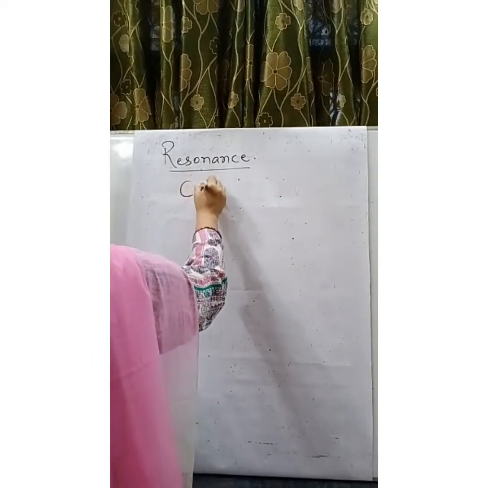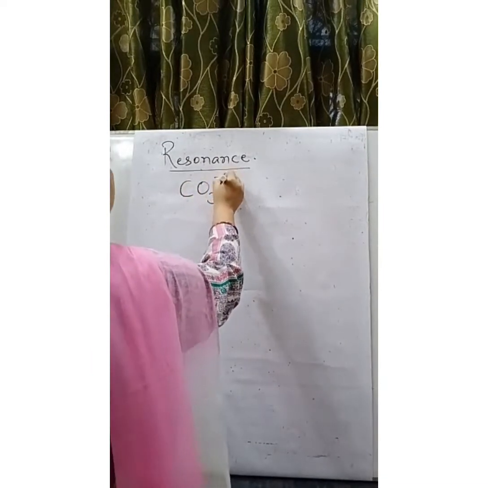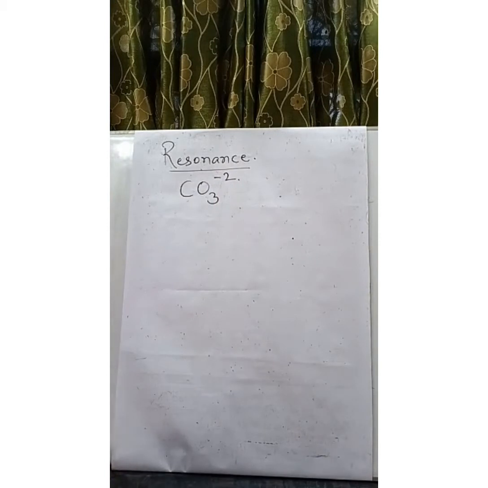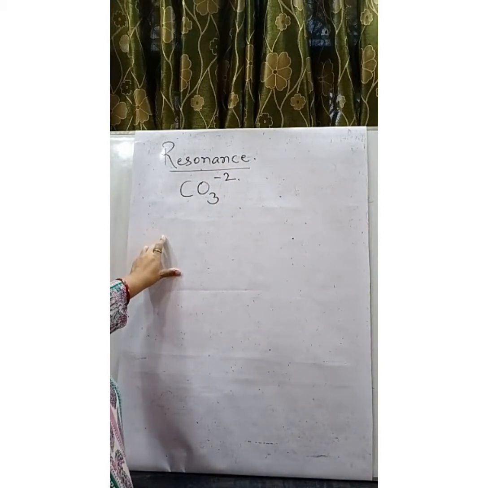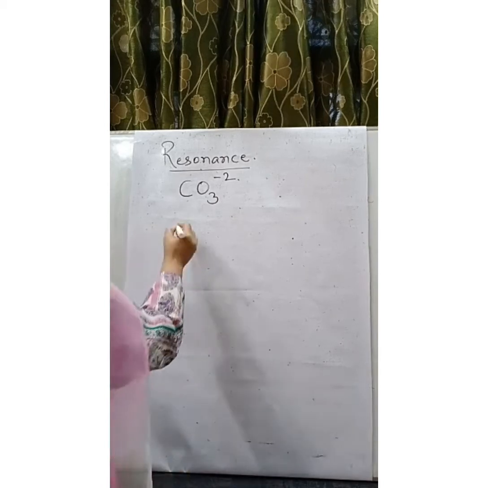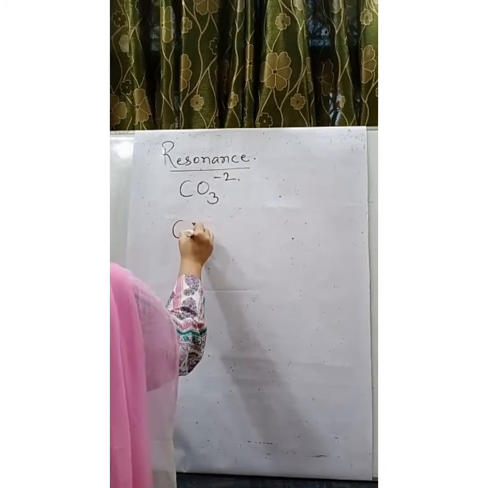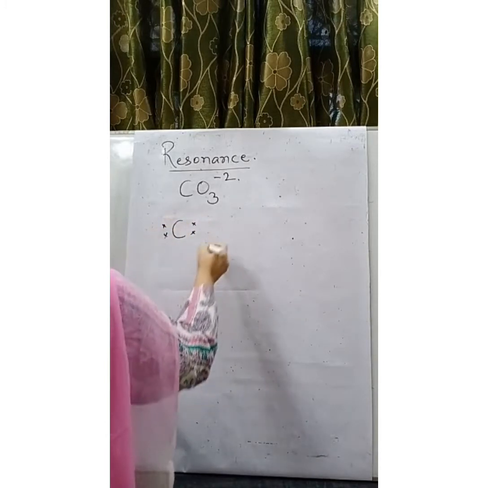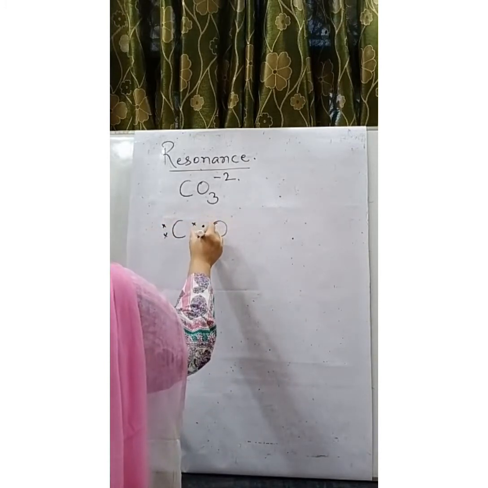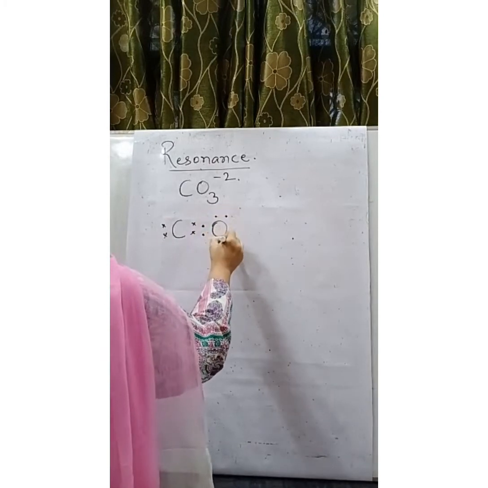For example, you have to draw a resonating structure of carbonate ion. For this purpose, we first have to draw the electron dot structure of carbonate. Carbon is having 4 valence electrons, oxygen is having 6 valence electrons.